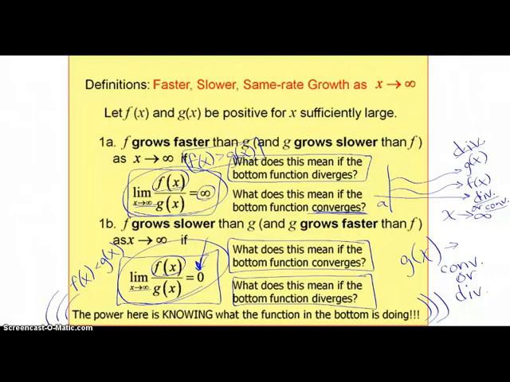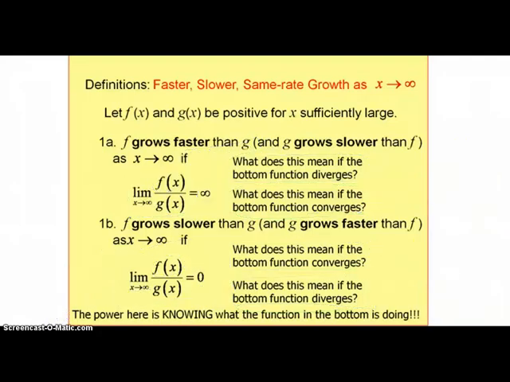But now, just as we said here, that's not always going to be helpful. Because if g diverges and f is smaller, then that tells us nothing about f. If g converges and f is bigger, that tells us nothing about f. So this limit is helpful if you get the right result out of those limits.